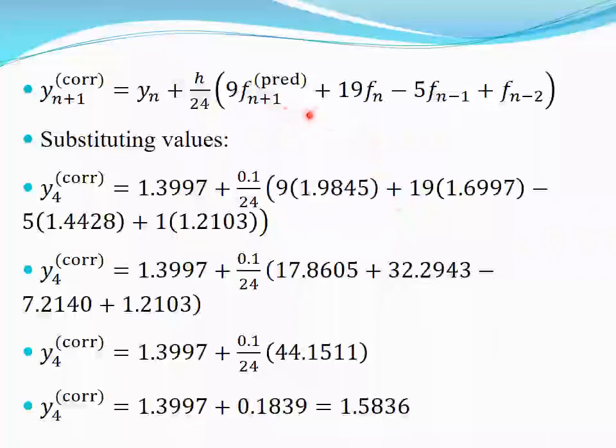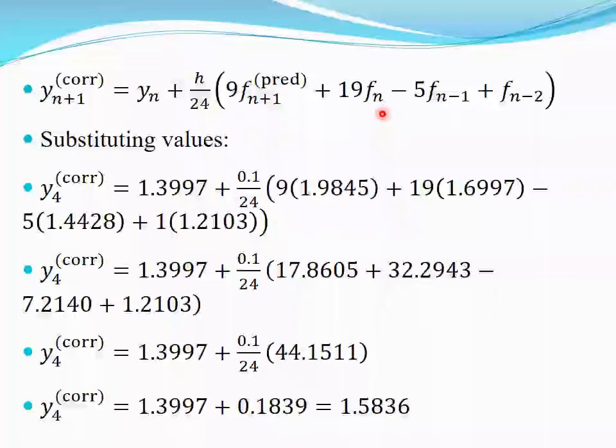Now we multiply these values by 9, then the plus sign. 19 multiplied by this number we get, then the minus sign is given. 5 multiplied by 1.4428 we get, plus the same value is given.